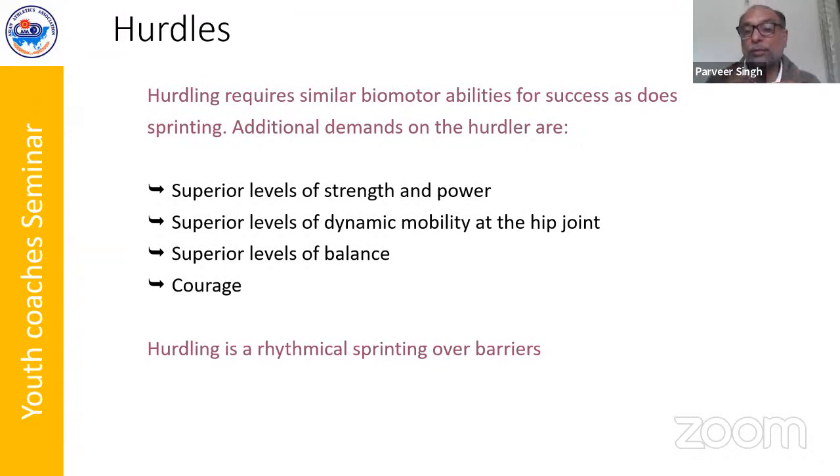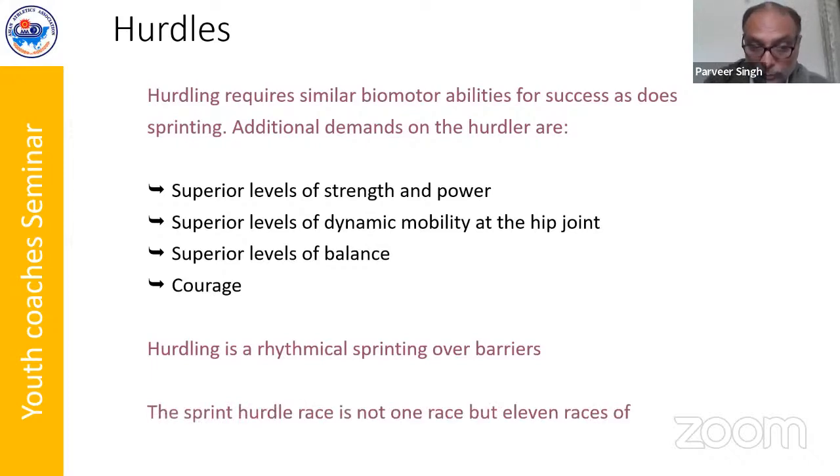Even if you are not looking at the hurdler, just standing close, you can hear and feel the rhythm of each landing or accelerating in between the hurdles, like 3 strides between the hurdles. So hurdling is rhythmic sprinting over the barriers.